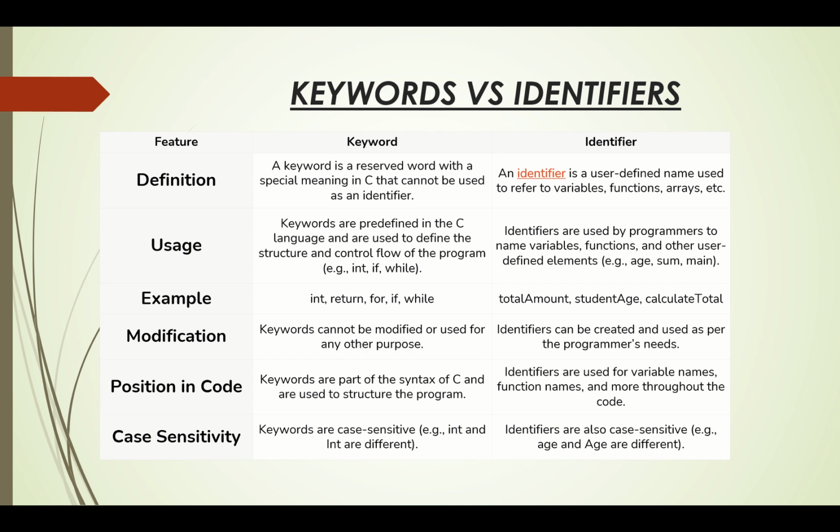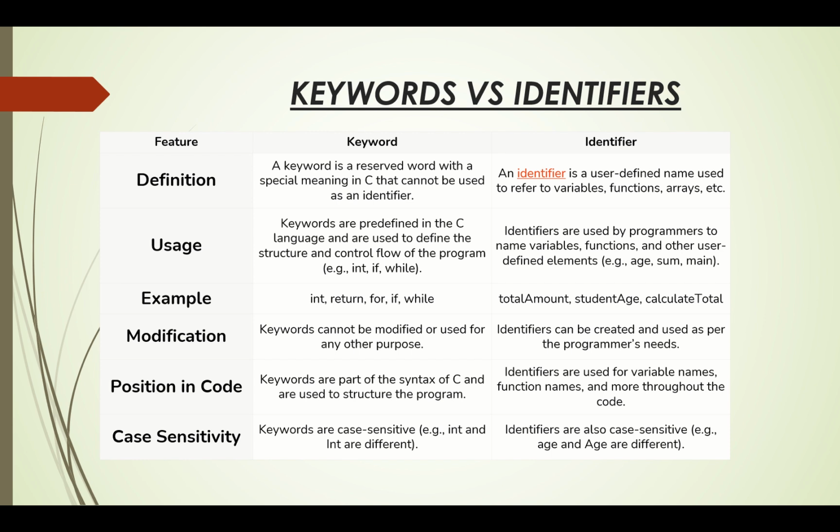For example, int, return, for, if, while are keywords, and identifiers like total, amount are user-defined names of variables. Modification: keywords cannot be modified or used for any other purpose. Identifiers can be created and used as per the programmer's needs. Keywords are part of the syntax of C and are used to structure the program.